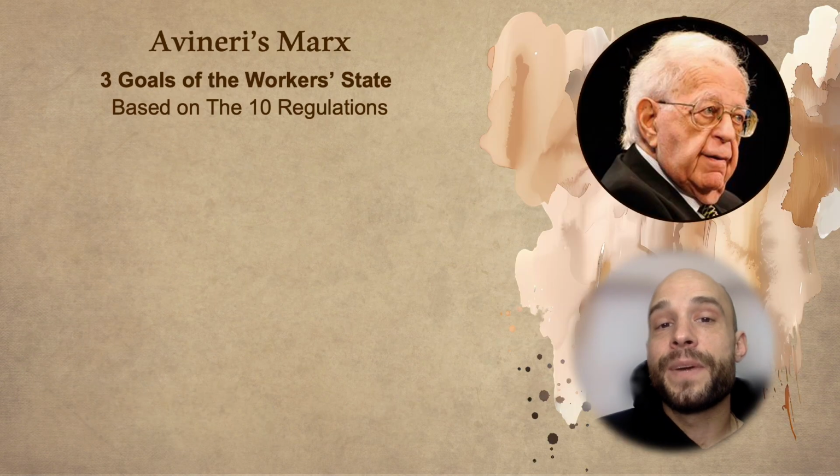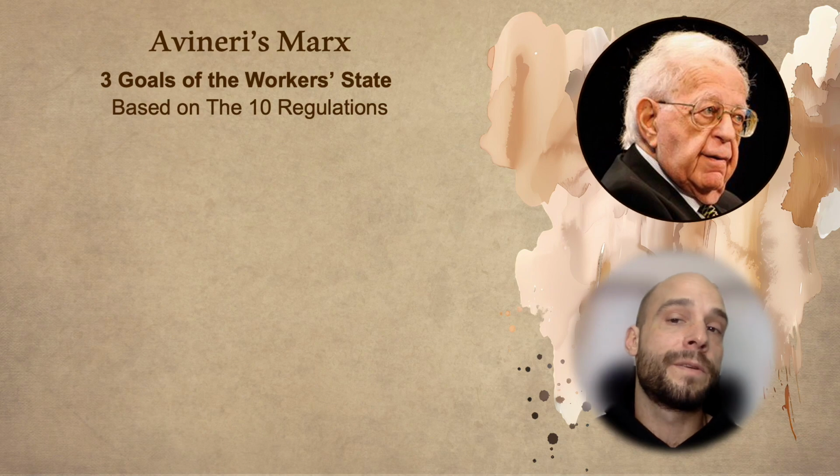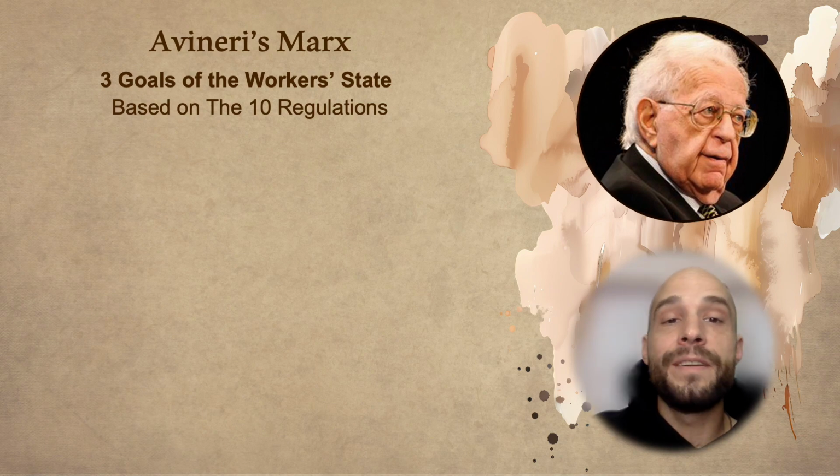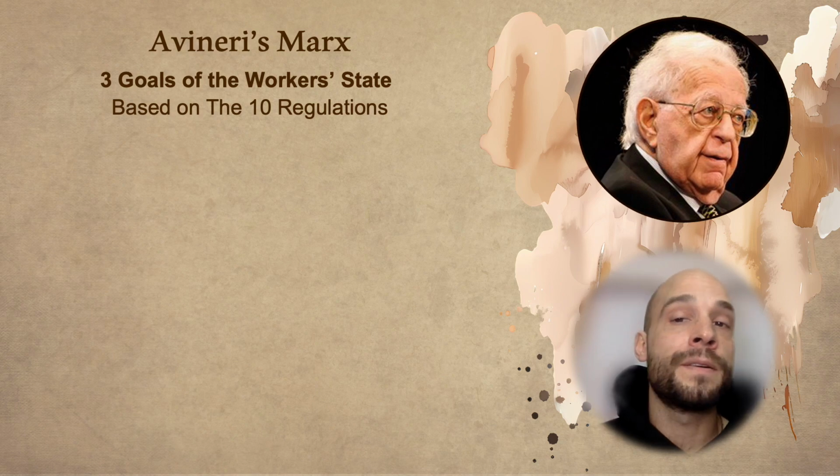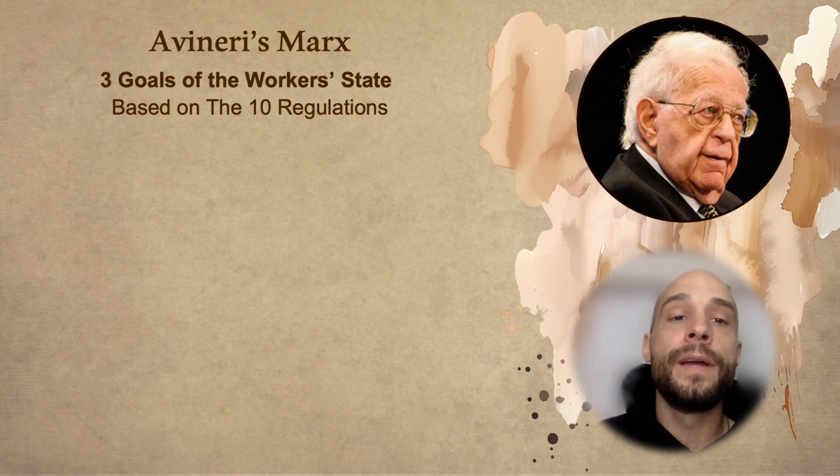Okay, now that we've traced Avineri's path to a worker state, the real question is, what is a worker state actually for? For Avineri, it's not simply about redistribution, nationalization, or seizing power. Its purpose is Aufhebung, a dialectical overcoming and transcendence.